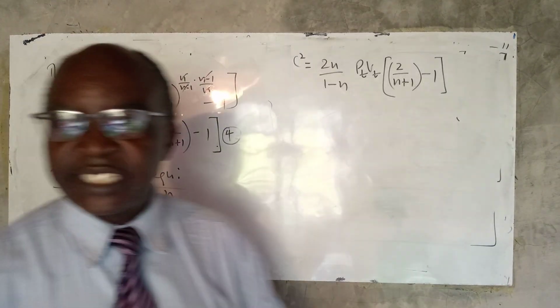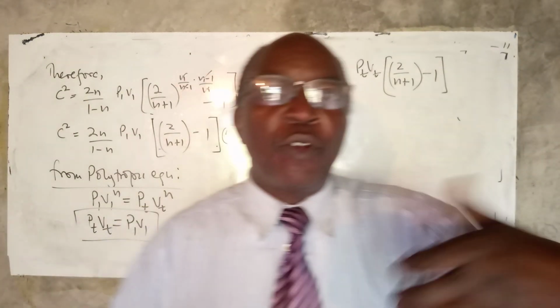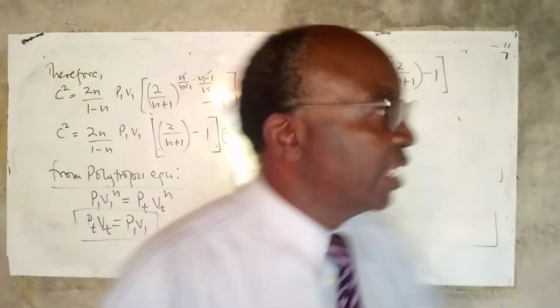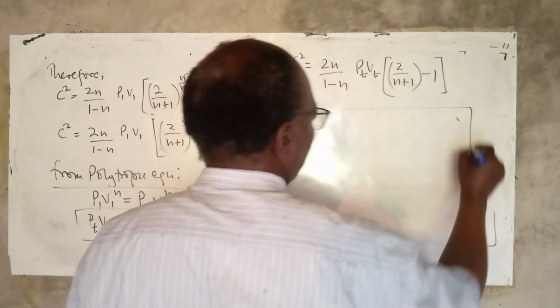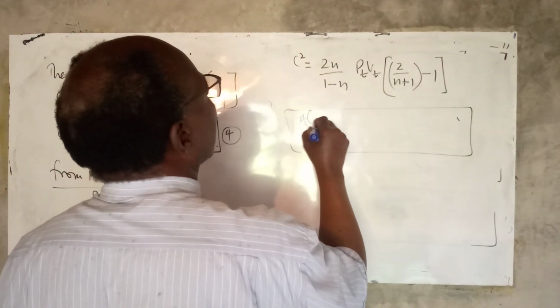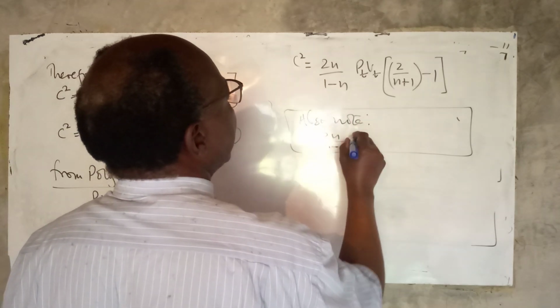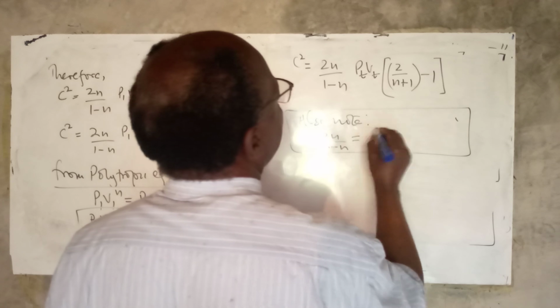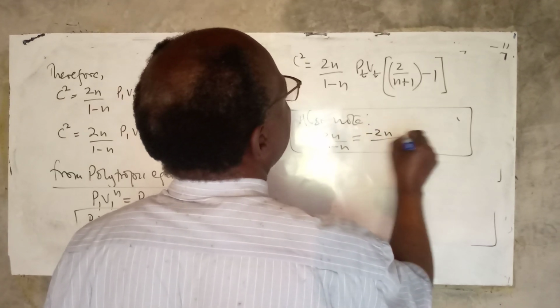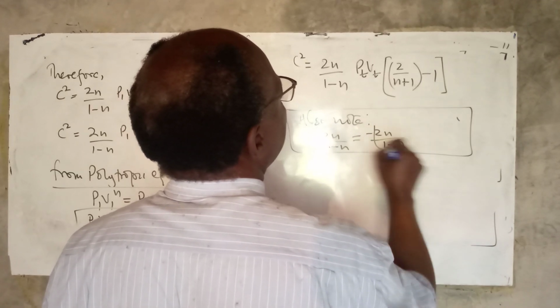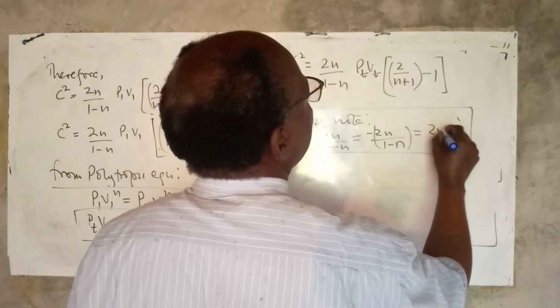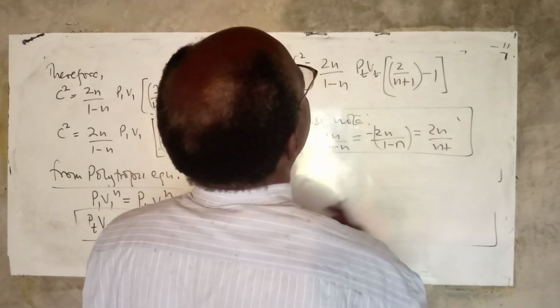Now, the second realization, which we had already identified in the previous lectures, was that 2n over 1 minus n can be written as minus 2n over 1 minus n, so write that now as 2n over n plus 1.